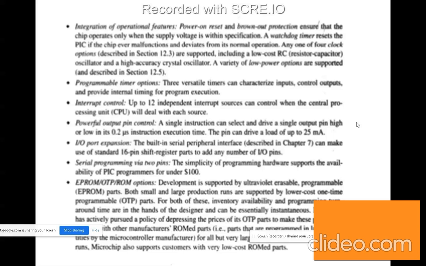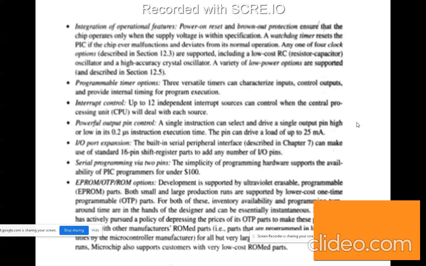For example, power on reset and brown out protection ensure that the chip operates only when the supply voltage is within specification. Unless the supply is in the given range, it will not operate.